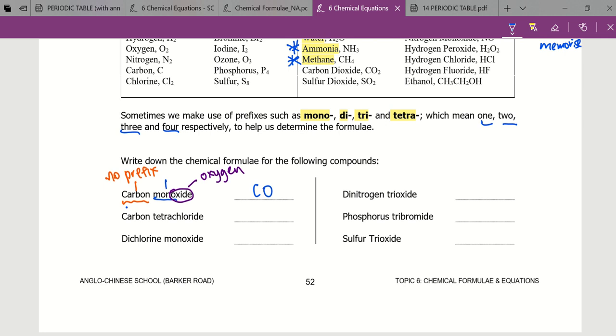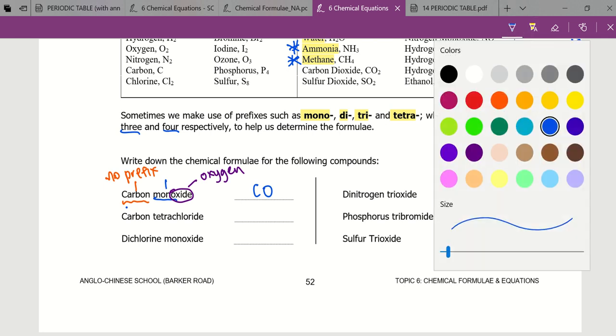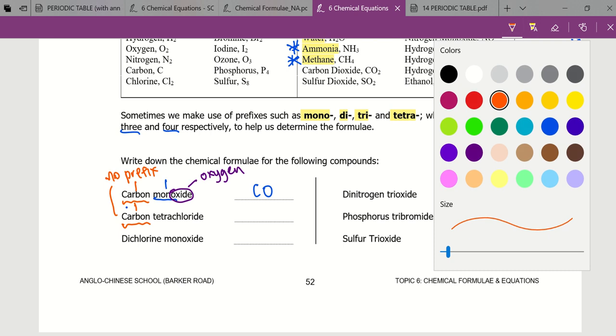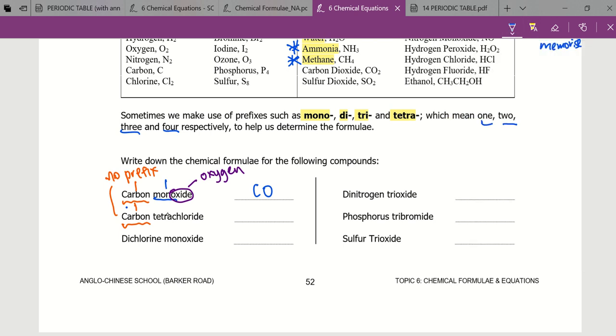Let's try again. Second one, carbon tetrachloride. Similarly, you notice that carbon doesn't have any prefix. So how many carbon are there? It's just one. And for tetrachloride, the word tetra here means 4.